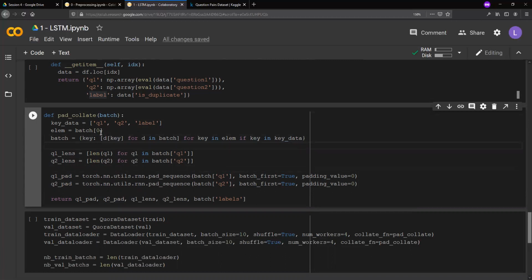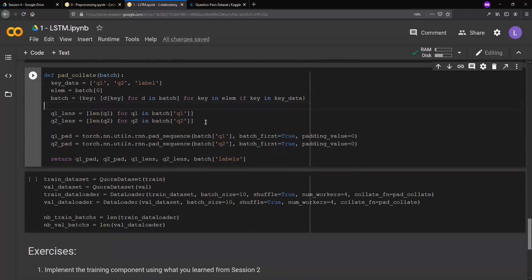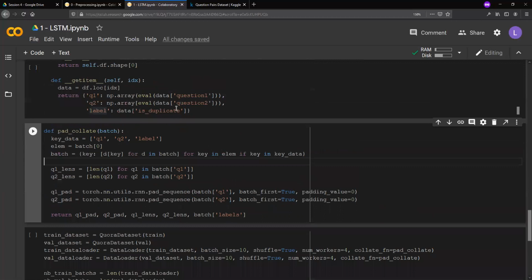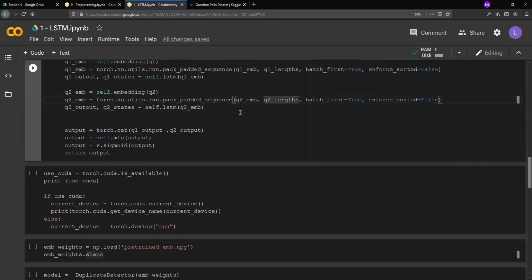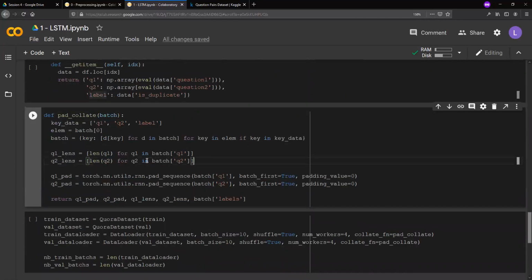So we create a dictionary where Q1 contains all questions 1 from each data point, and Q2 contains questions 2 for each data point, along with the label for each data point. And since we need the lengths when we pack our padded sequences, we do that in the pad collate function to calculate the length of each sentence for question 1 and question 2 for all the data points in our batch.